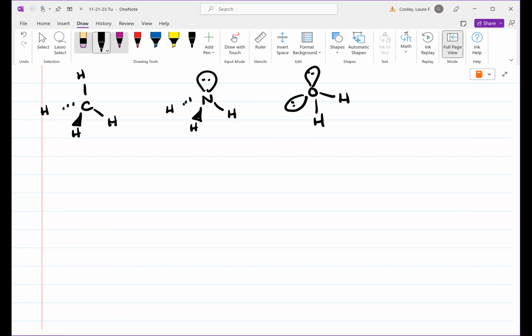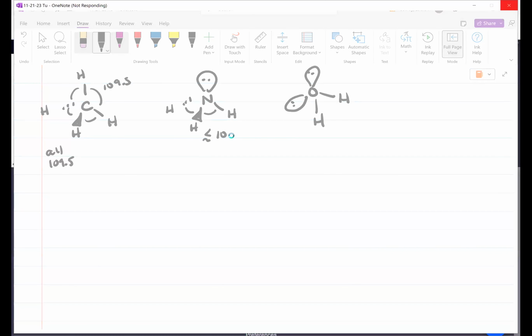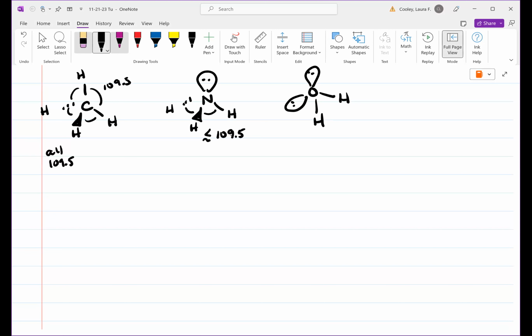Okay. All right, so here, remember I said that this angle is 109.5 degrees, and they're all that way. But here in ammonia, these angles here are slightly less than 109.5. They're about 107 degrees.